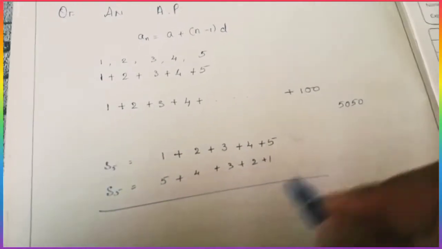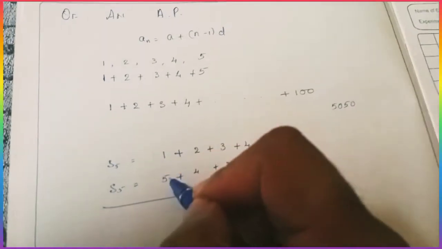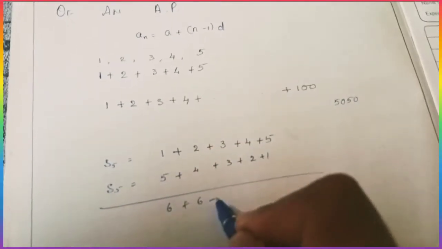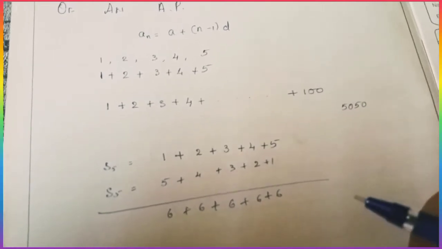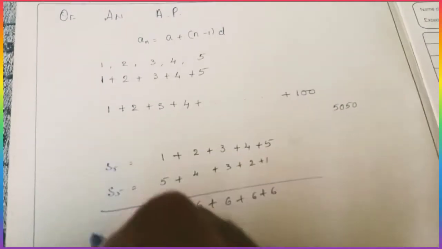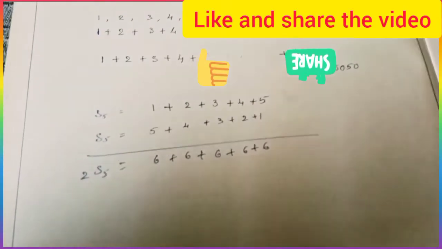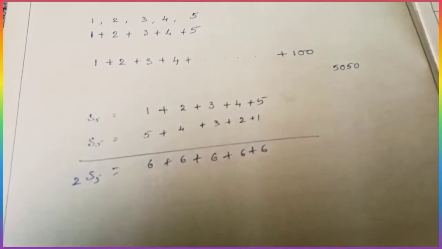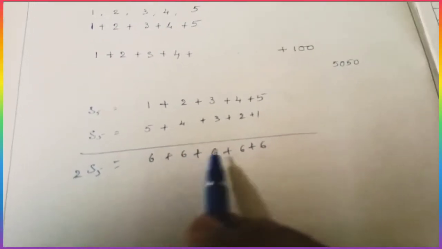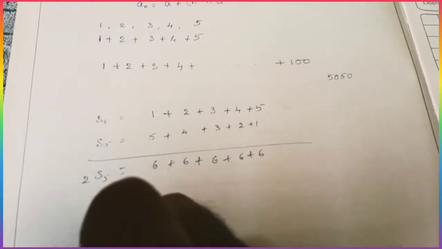Then he added both sequences. So 1 plus 5 is 6, 2 plus 4 is 6. Every term you are getting 6. So how many times has he added? He has added 2 times. Now how many times has 6 been repeated? 1, 2, 3, 4, 5.